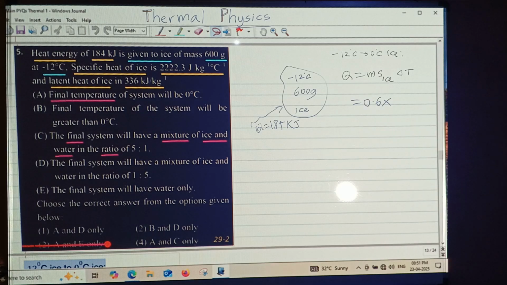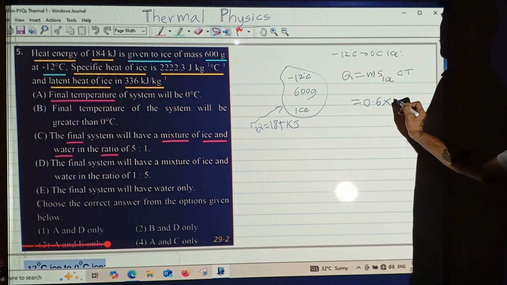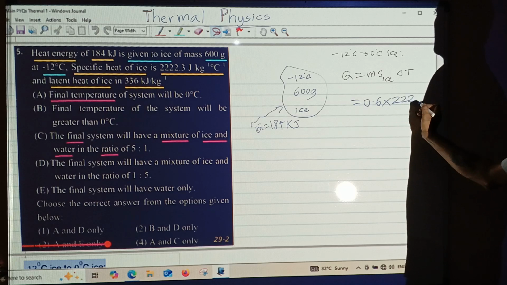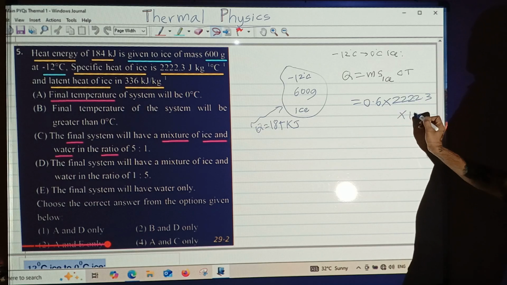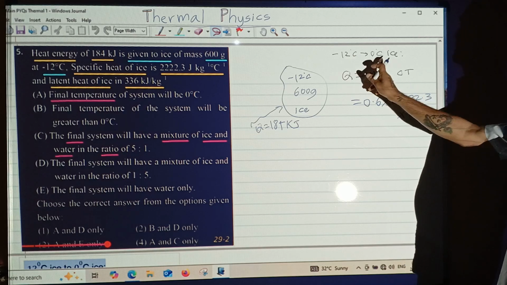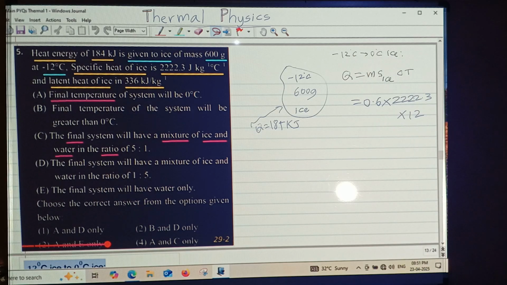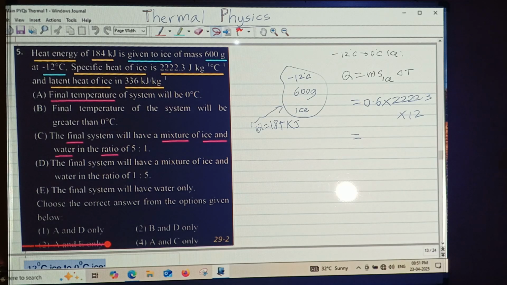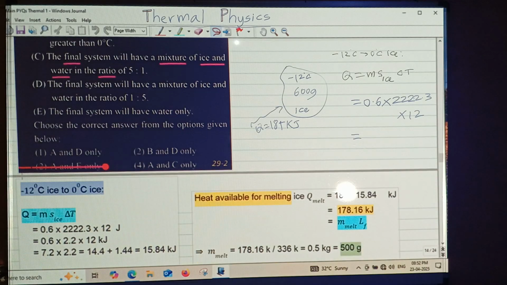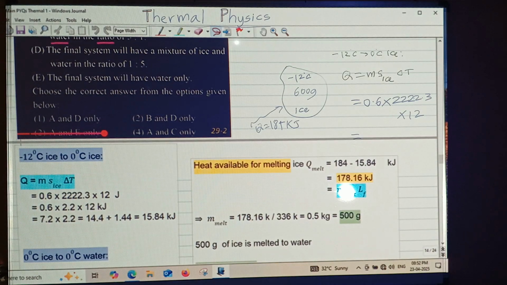Specific heat of ice is given in the question in SI units. And the temperature rise is 12, from minus 12 to 0. If you do this calculation, it comes out to be 15.84 kilojoules.